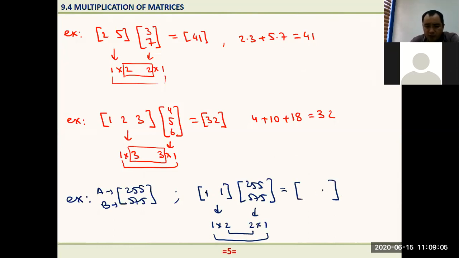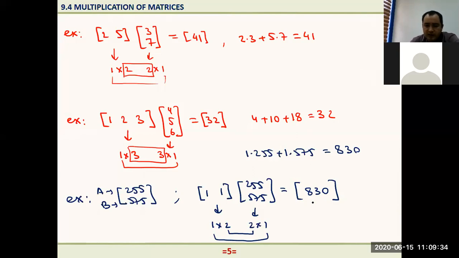To multiply this one, we know how to multiply a row matrix by a column matrix. The first entry by the first entry: 1 times 255 plus 1 times 575, that's equal to 830, so here we have $8.30.